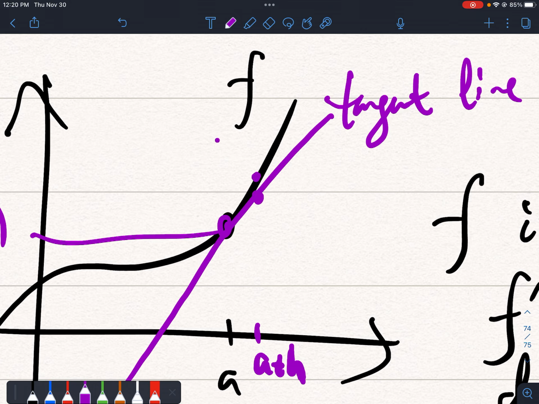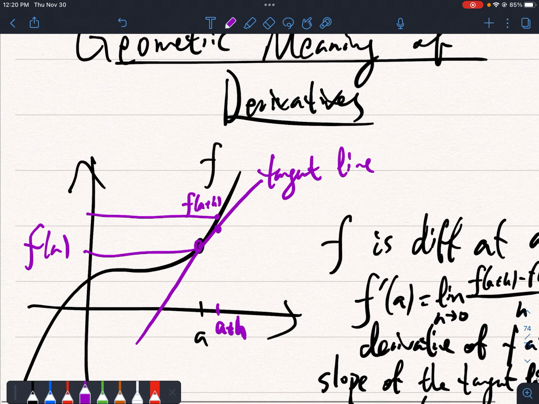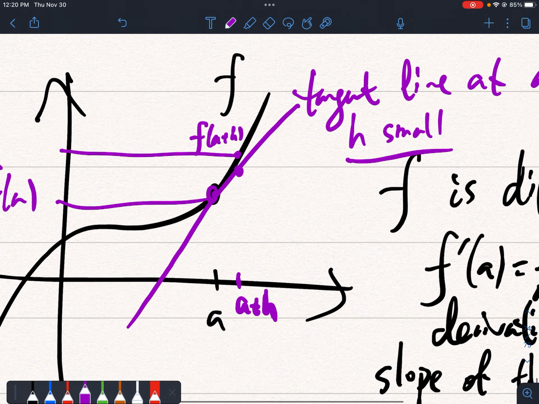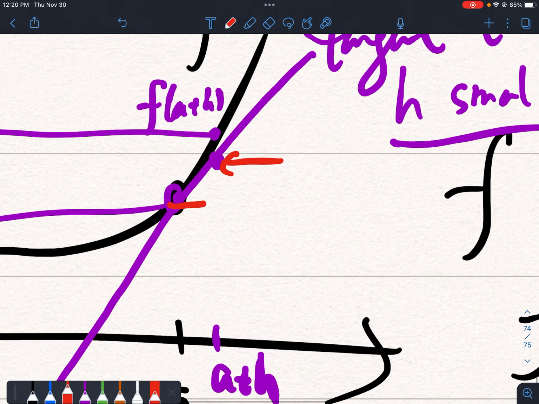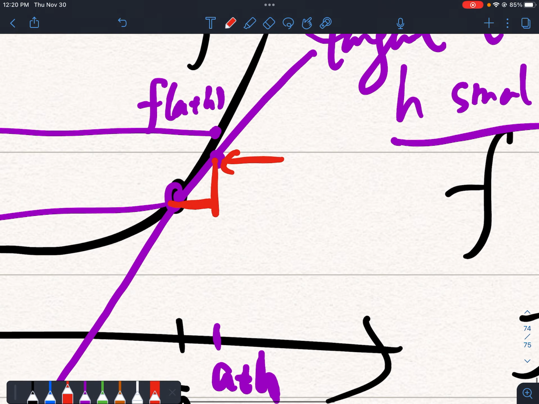So which means if you look at A plus h, then what is the approximate value of f of A plus h? You just approximate f of A plus h by the value on the tangent line at A. So if h is small, then f of A plus h is approximately the y value of the tangent line.